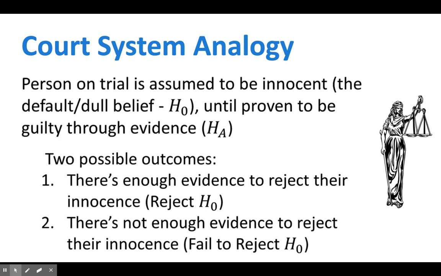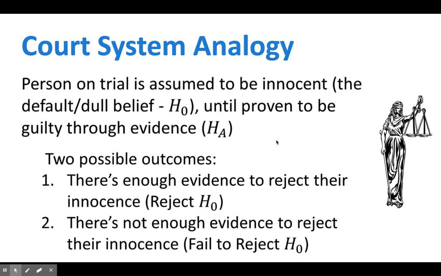And from there, there's two possible outcomes. There's either enough evidence to reject their innocence, so we reject the null, or there's not enough evidence to reject their innocence, so this is where we fail to reject the null. Now, this is going to be important, and I'll say it several times.